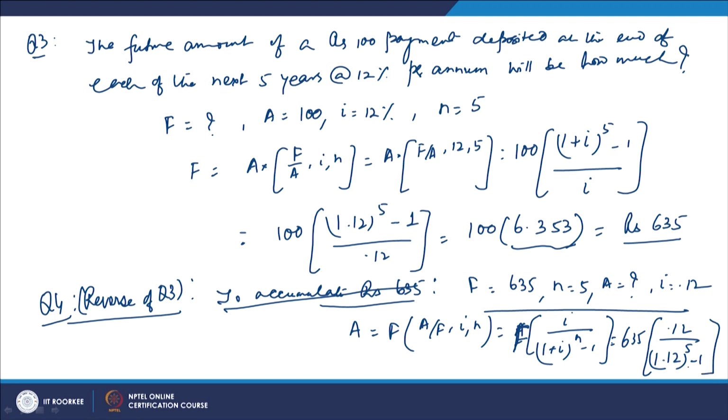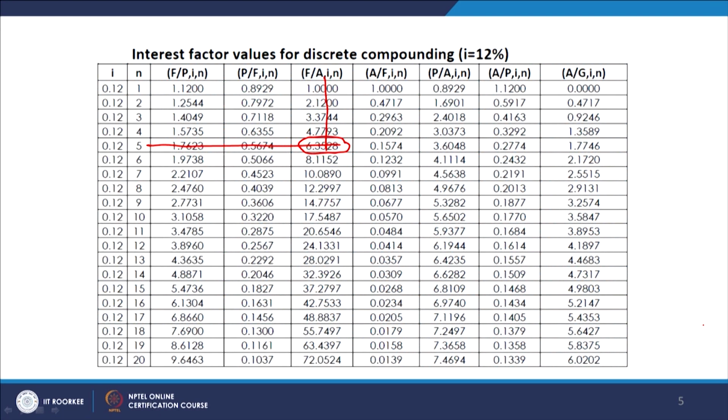So basically if you do that you will be getting 100. Now in this case the factor which you will be getting will be 0.1574. So this factor comes out to be 0.1574, and that you can see by looking at this number in the table.